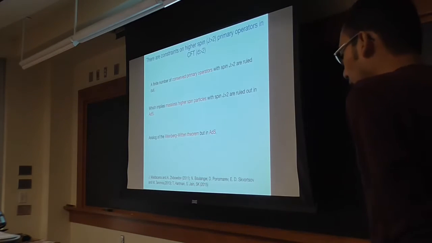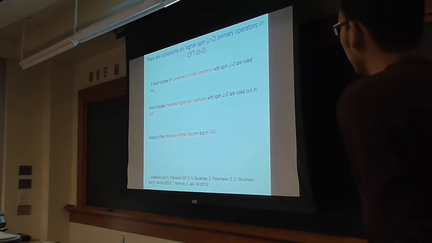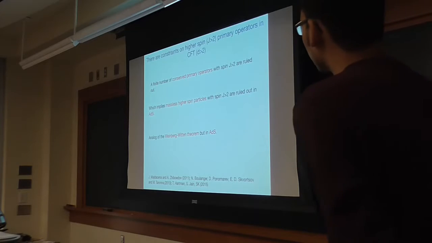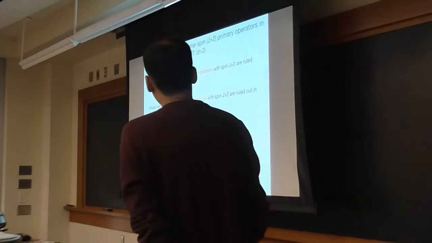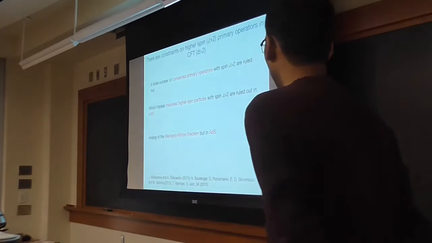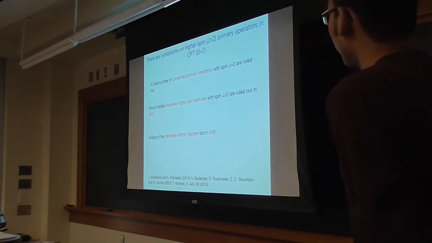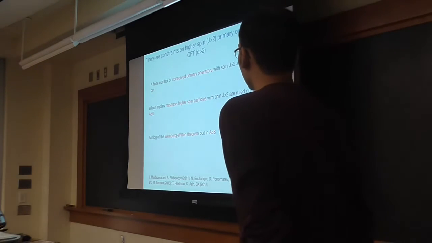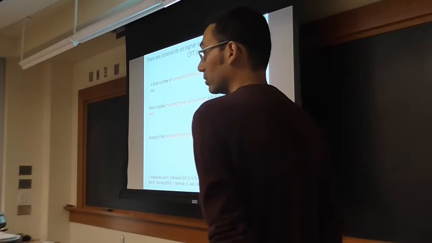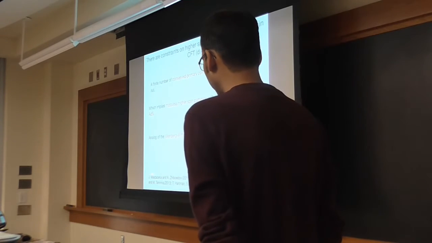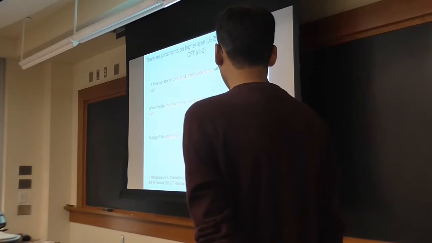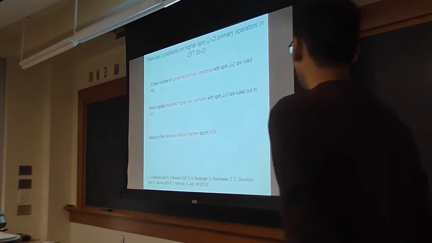Before we do that, there are known constraints on higher spin operators in CFT. For example, Maldacena and Zhiboedov showed that a finite number of conserved primary operators with spin greater than 2 are ruled out. They showed it for D equals 3, and then there was a generalization to higher dimensions by this group of authors.